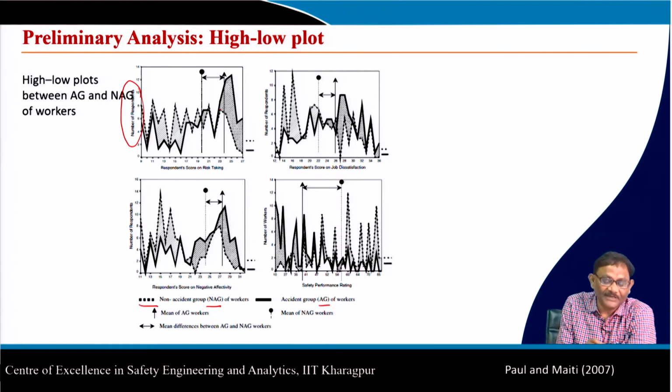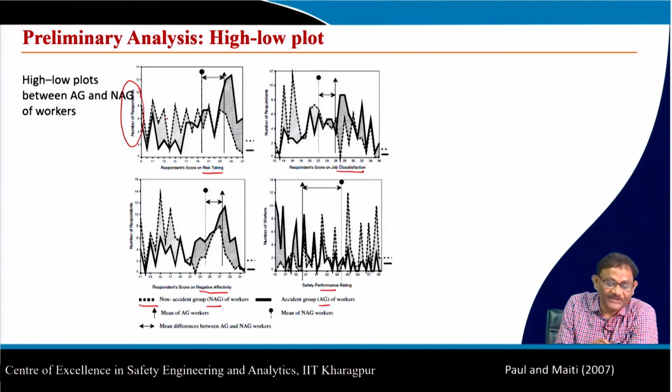So you can see that in each of the plots there are 2 lines, one dotted and one firm, and on the x-axis the respondent score on risk taking, similarly on job dissatisfaction, on negative affectivity, on safety performance.